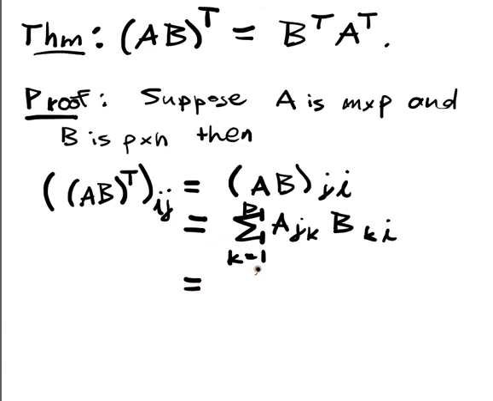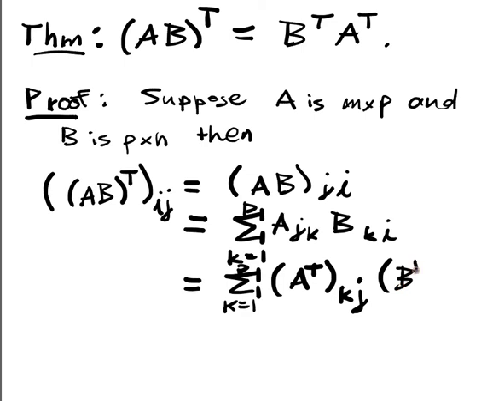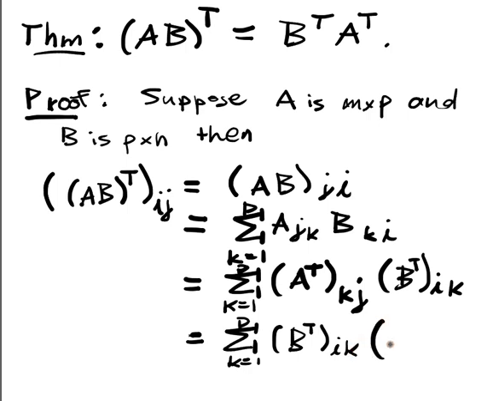But also by definition, if I looked at the transpose instead, I can swap this and this becomes kj, and this becomes B transpose, the ikth entry. So this is kind of weird. And now I can commute these guys. So I get B transpose ik, A transpose kj.